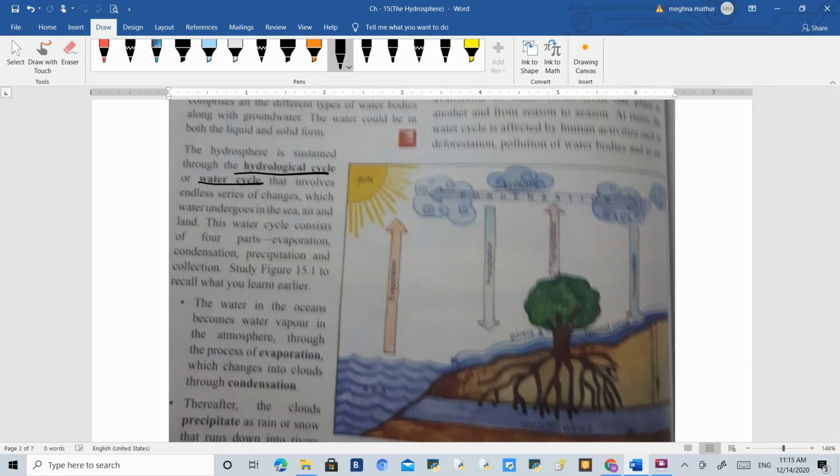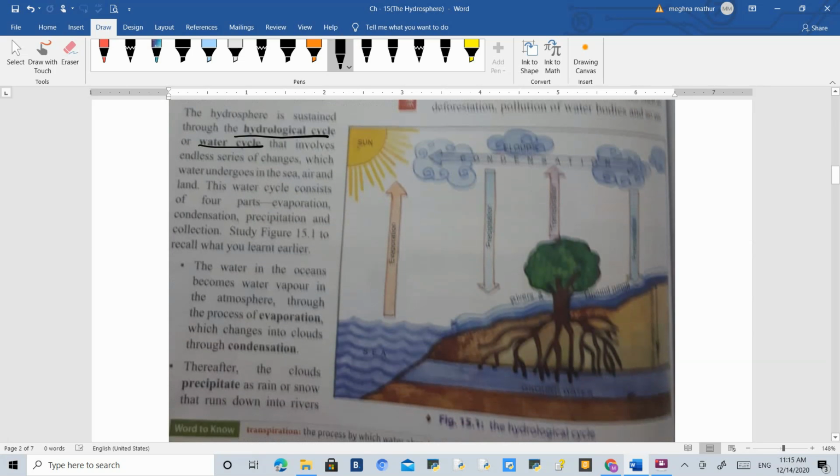You can understand in this diagram, in which the water is converted into water vapor and then clouds by evaporation. Okay, in which the sea water is converted into water vapor, and also by way of transpiration. Now what is transpiration? You know that the trees and the branches also have a certain amount of water in them, so that water is converted into water vapor.